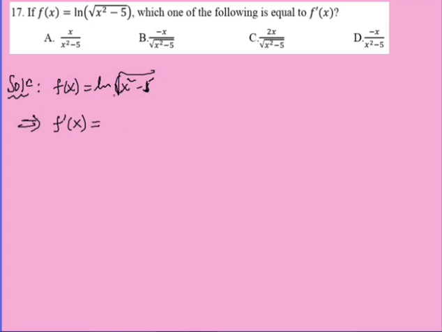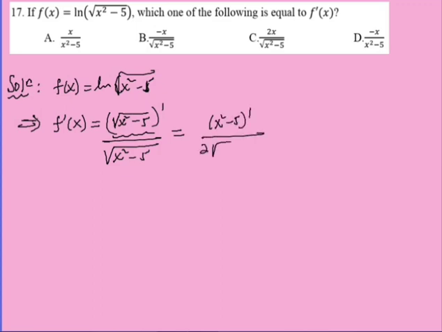Ln of radical x squared minus 5 derivative means radical x squared minus 5 derivative over radical x squared minus 5. You can take the derivative of this radical, which is x squared minus 5 derivative over 2 times radical x squared minus 5.